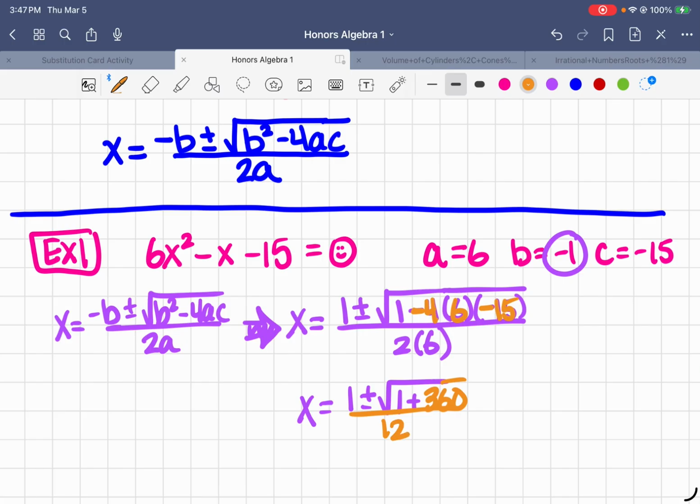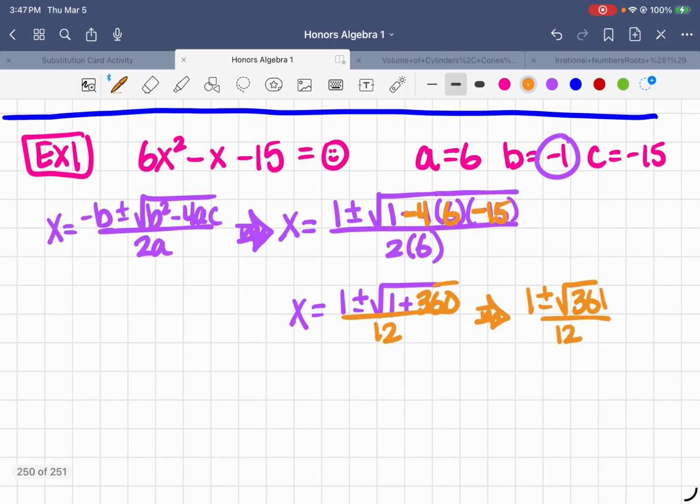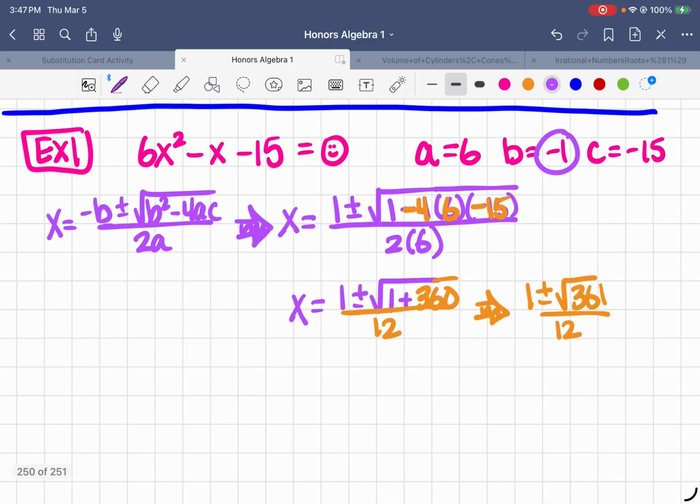We're going to divide by 12. So this is 1 plus or minus the square root of 361 over 12. Now, I just happen to know because I did this problem earlier, the square root of 361 is the square root of a perfect square. The square root of 361 is 19. So this is going to be 1 plus or minus 19 over 12.